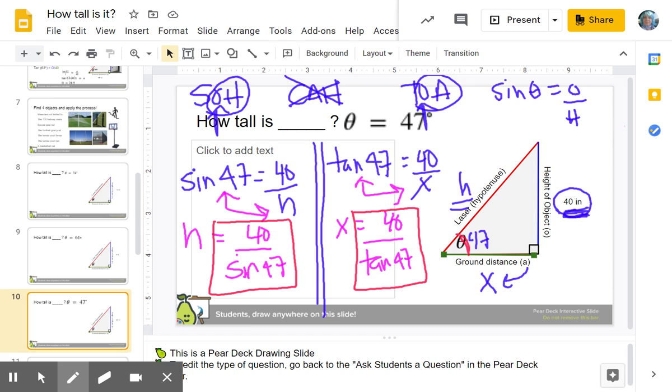I predict it is going to be bigger than 40 because I'm finding the hypotenuse, and the hypotenuse is always going to be the longest side. So in the calculator, it should be bigger than 40. If it's not bigger than 40, then we need to relook at it.